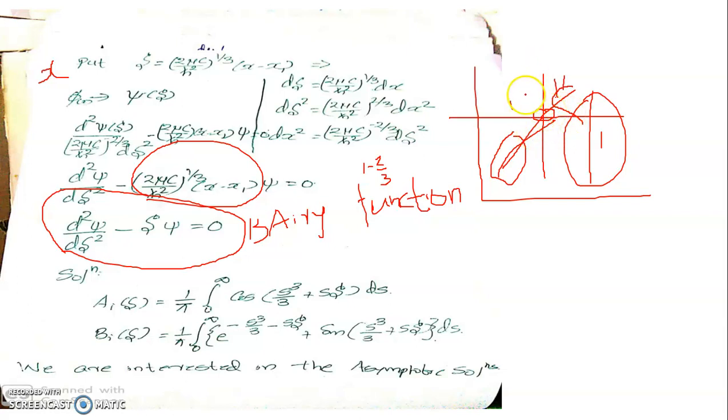Asymptote, as you know: the solution here might be a curve something like this, and the tangent of this curve at this point will be an asymptote. The tangent of this curve at this point will be another asymptote.